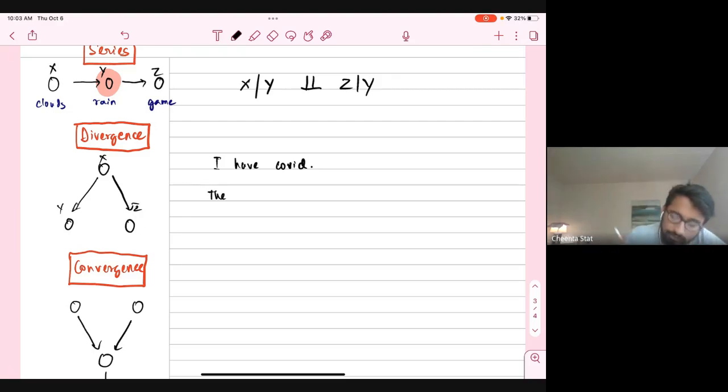Okay. So let's take the book example. Gender, height, and hair length.